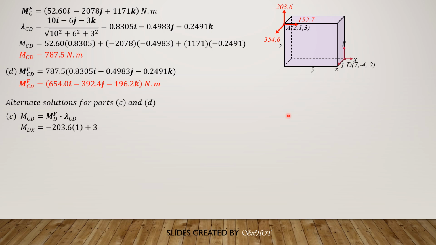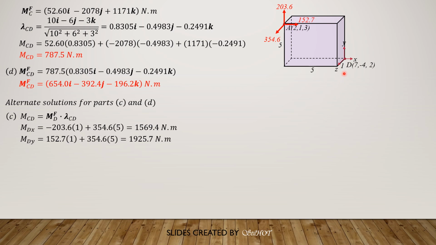So MDx is negative 203.6 times 1 plus 354.6 times 5, or 354.6 times 5 minus 203.6 times 1. So we get 1569.4. And for MDy, the positive sense is, remember, like that. So 152.7 positive times 1. This is also positive, 354.6 times 5. So 152.7 times 1 plus 354.6 times 5, so that's 1925.7 Newton meter.